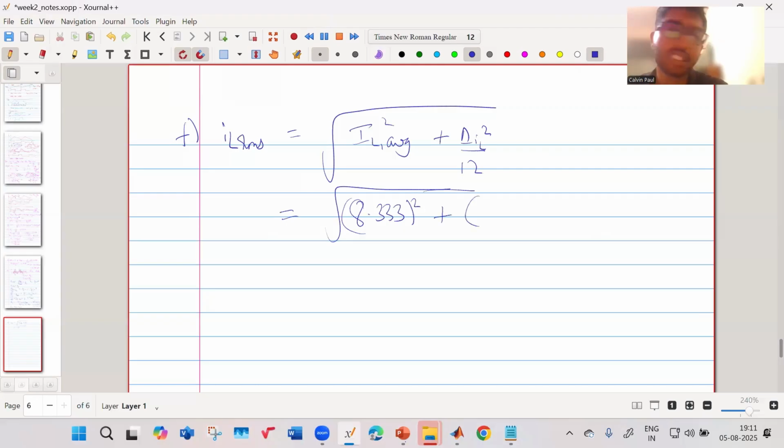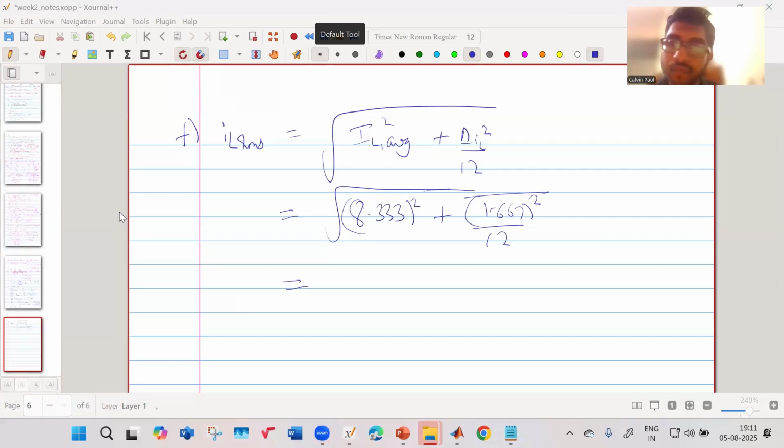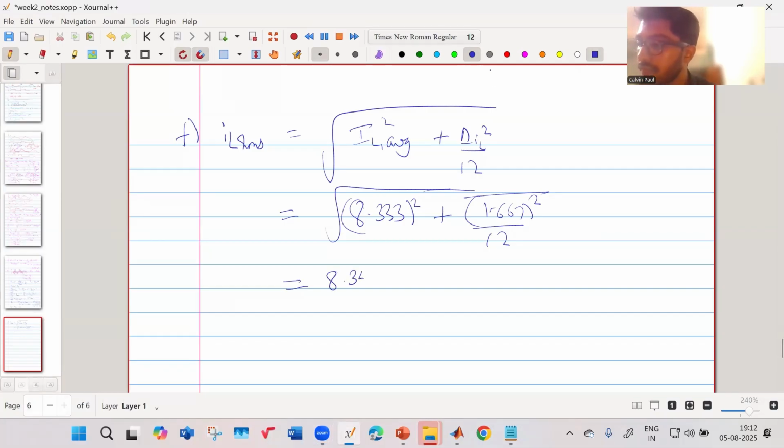Delta IL I think is 1.667, square by 12. So can you tell this value? Yes, it is 8.346 ampere.